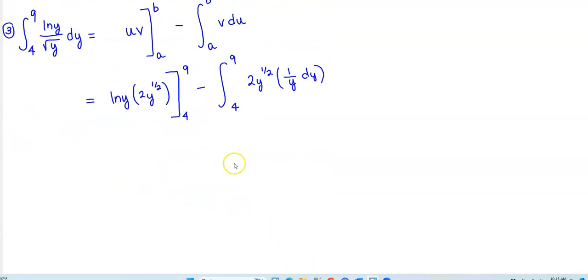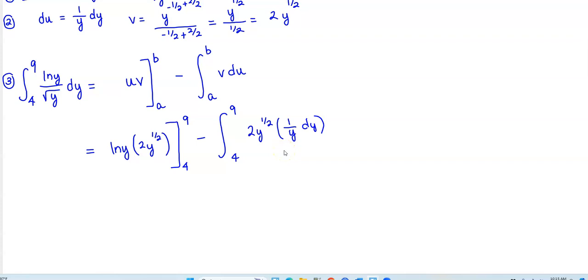So let's go ahead and then simplify this just a little further. So we have 2 times y to the 1/2, which is the same thing as the square root of y, times the natural log of y.